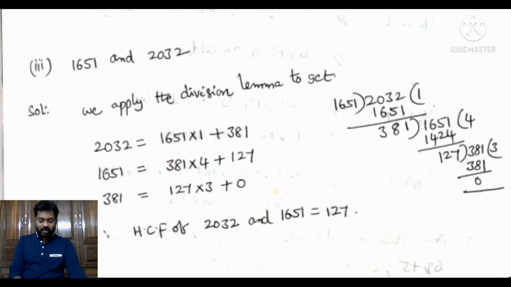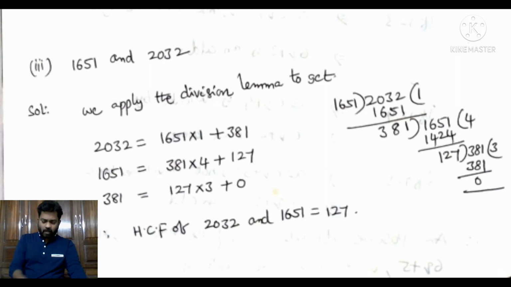Third one. Find the HCF of 1,651 and 2,032. We apply the division lemma to get 2032, the biggest number. 2032 is written as 1651 into 1 plus 381.